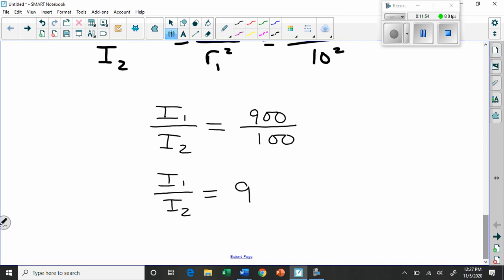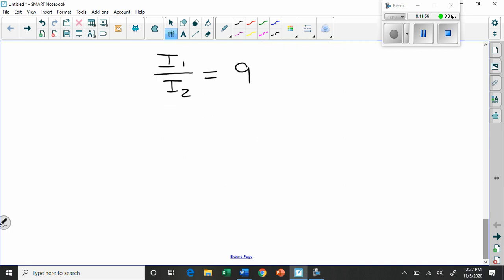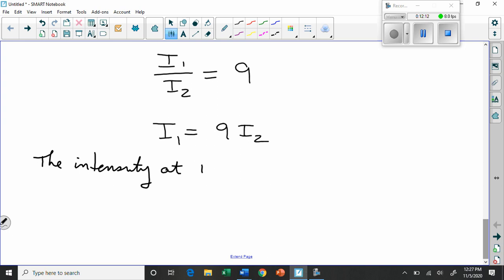If we multiply the I2 to the other side, we can see that it becomes a comparison: I1 equals 9 I2. So in English, this says that the intensity at position 1, which is this side of the equation, is equal to 9 times the intensity at position 2.